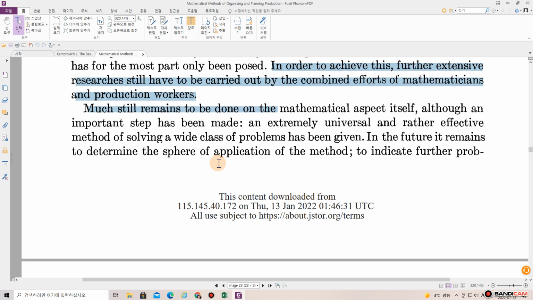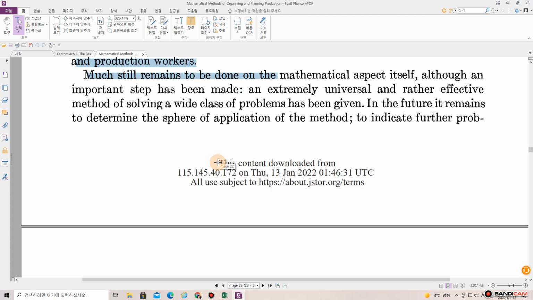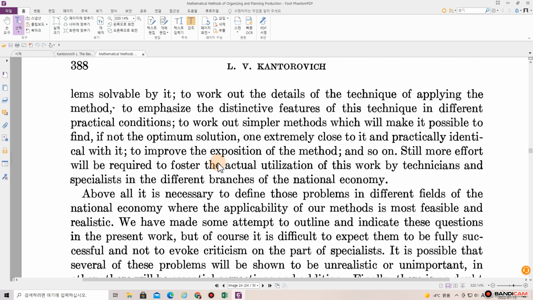In the future, it remains to determine the sphere of application of the method, to indicate further problems solvable by it, to work out the details of the technique of applying the method, to emphasize the distinctive features of this technique in different practical conditions, to work out simpler methods which will make it possible to find, if not the optimum solution, one extremely close to it and practically identical with it, to improve the exposition of the method, and so on.